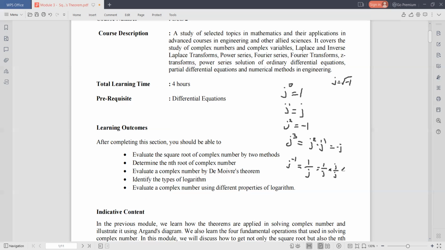That is equal to negative j over -1. Or that is equal to negative j. Yan. So yung value natin for the inverse of j is equal to negative j. So take note of that, some rules. So review nyo lang yung rules of exponent.